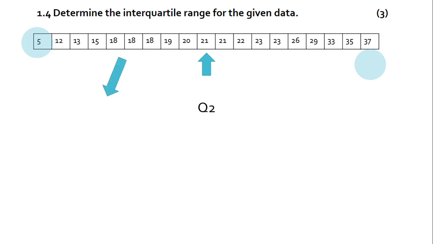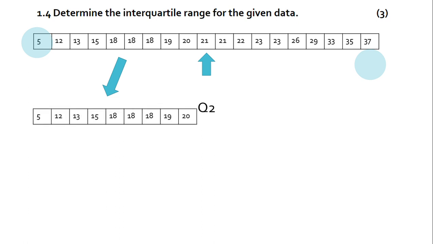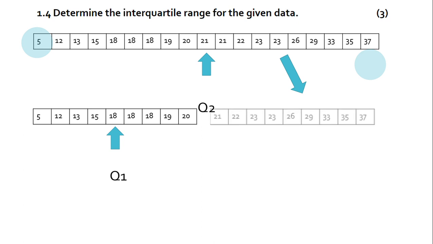Now this means if 21 is our Q2, we now have a lower part of the data, and within this lower half we can then find our Q1, which should be in the middle. So this is our Q1, which is 18. Once more, since we have a lower half, we must also have an upper half, and this is our upper half, and again we can find our Q3, which will be in the middle.